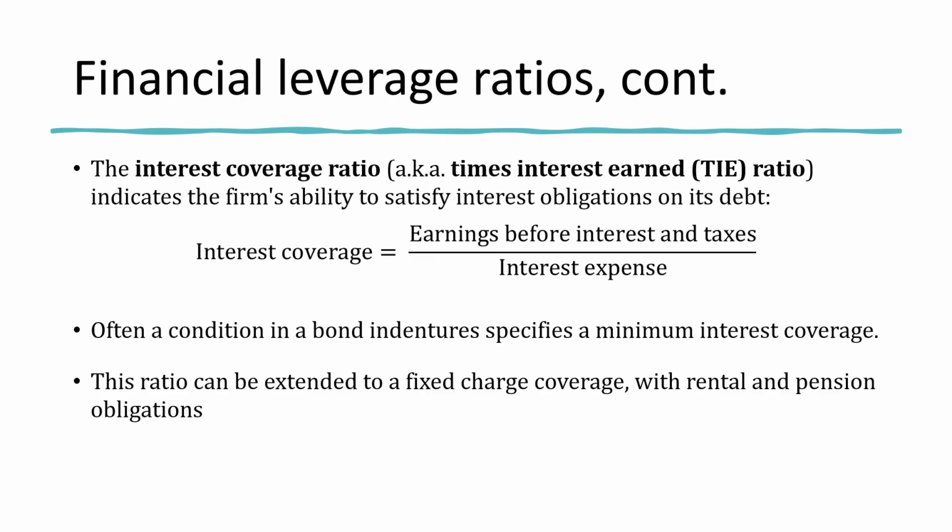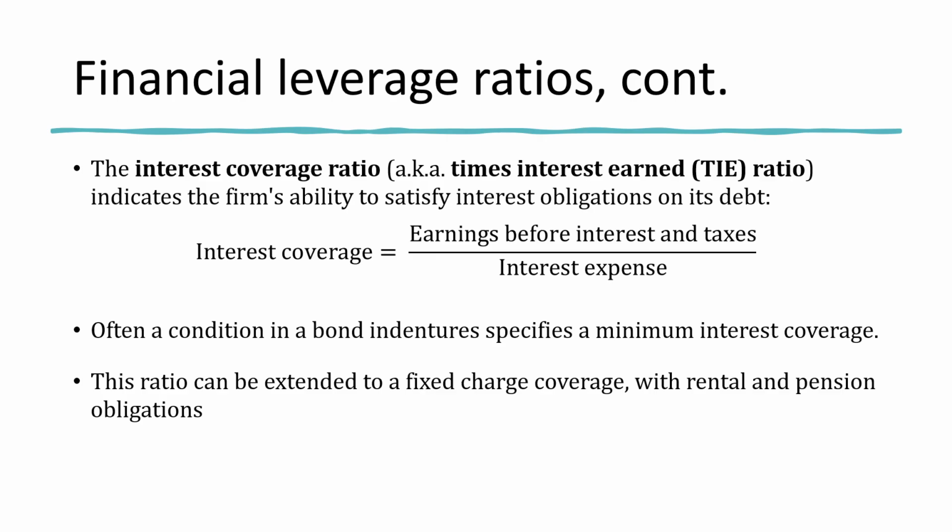Now you can take this ratio and look at other fixed charges beyond interest. So you could look at rental, pension obligations, lease obligations, or many other types of fixed obligations that a company may have. And you could also do a coverage ratio with those.